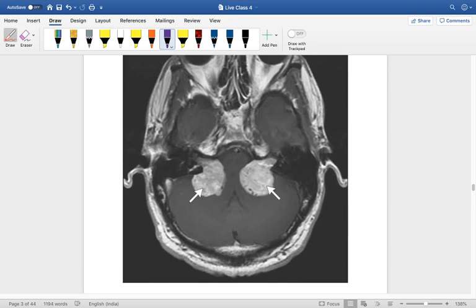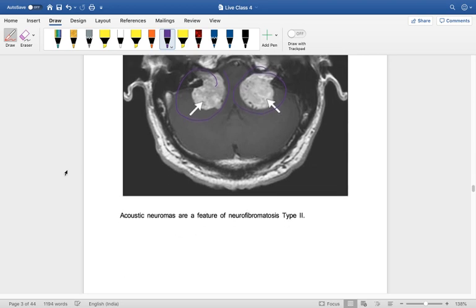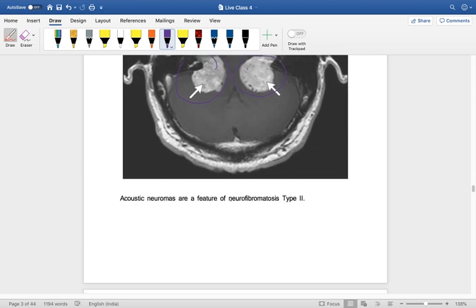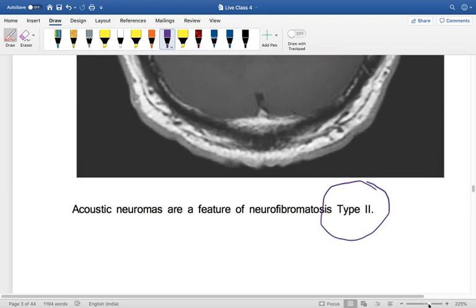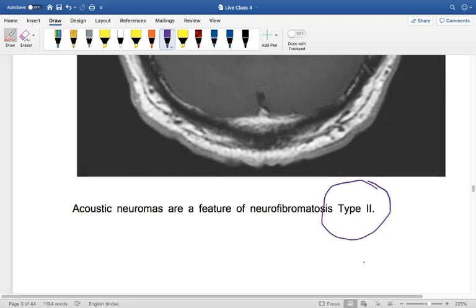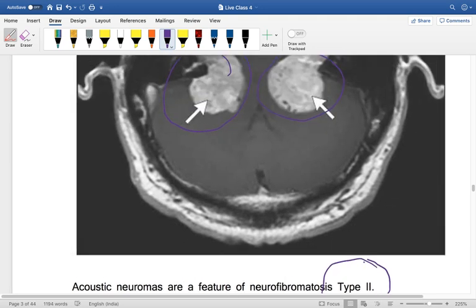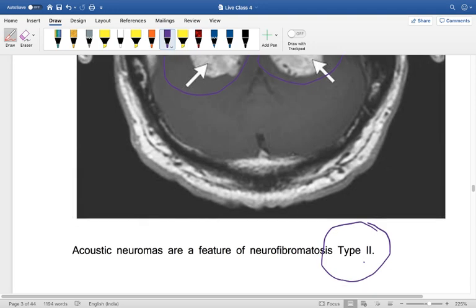Now, what you are seeing is bilateral acoustic neuroma. Tell me the neurocutaneous syndrome where you will find bilateral acoustic neuroma. We find it in neurofibromatosis type 2, not 1, 2. You'll remember, right? Two acoustic neuromas in type 2.